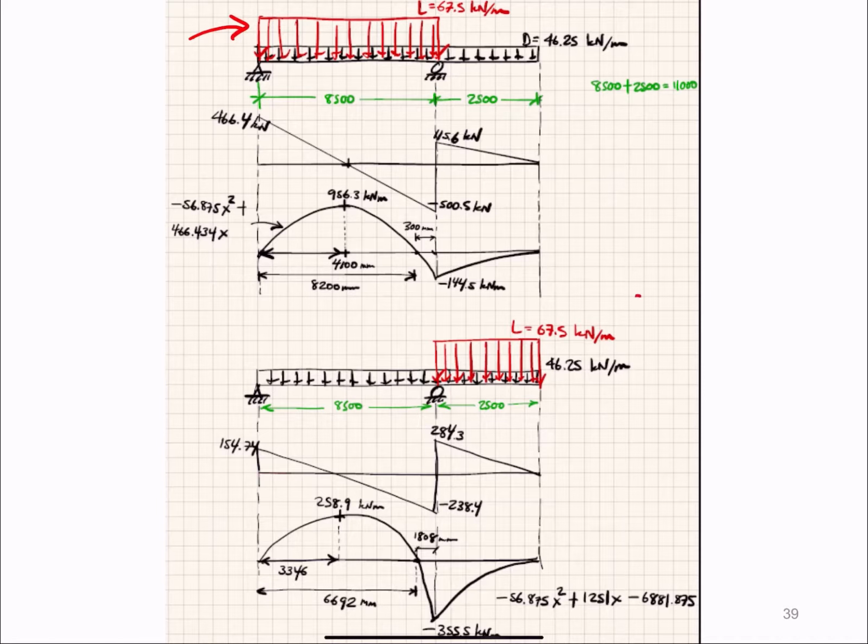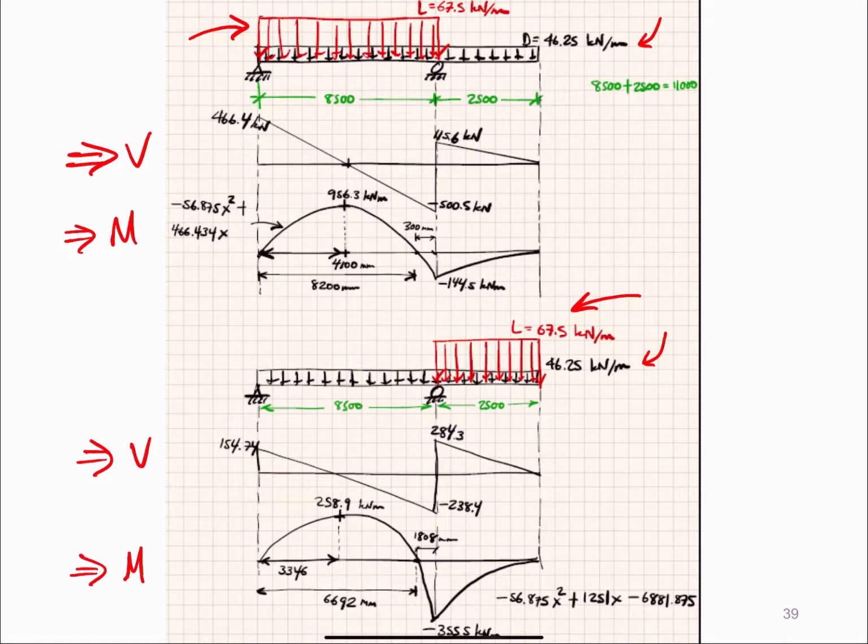So the same live load, but in different spans, one at a time, while the dead load is left on the two spans. With each loading case, we have a shear diagram and one moment diagram. And in the other loading scenario, we have a different shear diagram and another moment diagram. The point of placing this live load in different spans is to capture the most critical effects.